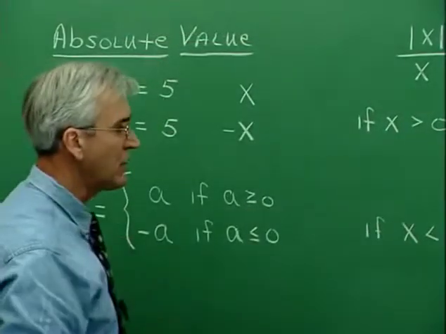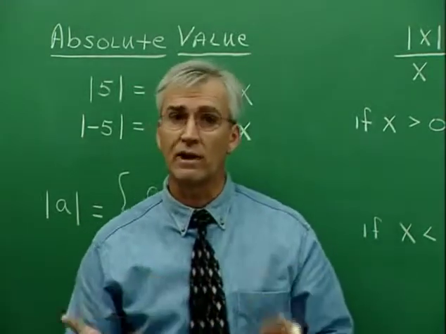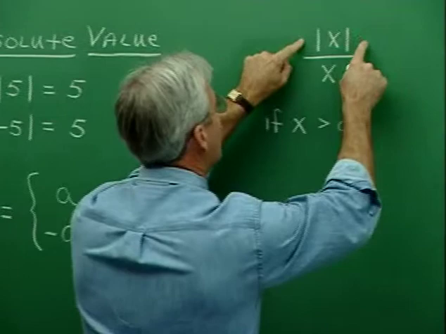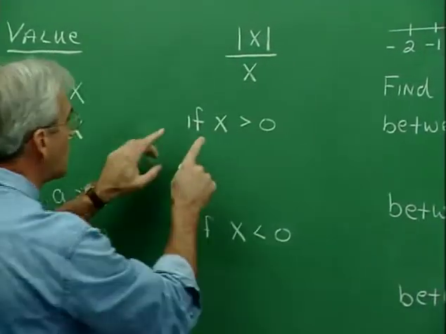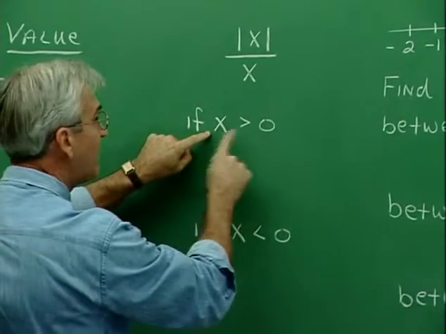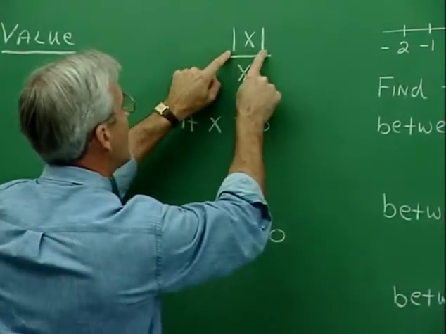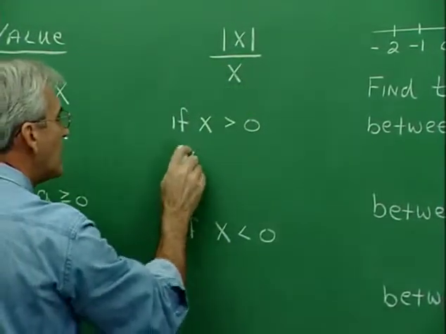The only tricky situations in dealing with absolute value is where we are dealing with variables. Consider this problem. We have the absolute value of x over x. Now, consider the case where x is greater than 0. If x is positive, here's what happens. The absolute value of a positive number is itself. So the absolute value of x would be x.